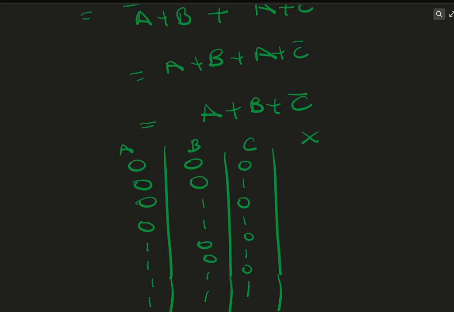Anything where C prime is 1, we just write 1 wherever C is 0. Anything where A is 1, we have 1, 1, so we got four 1s. Anything where B is 1, we'll have only 1, 0.